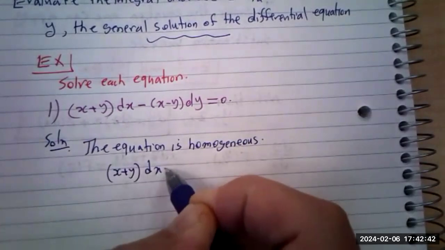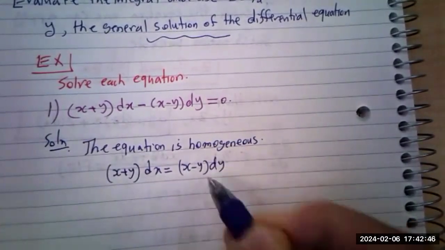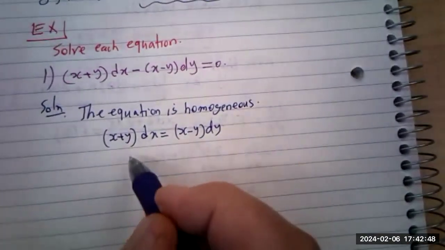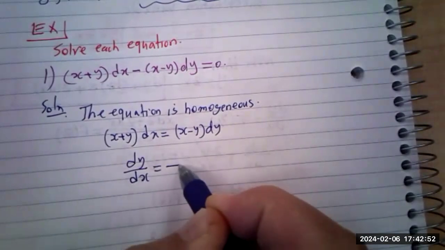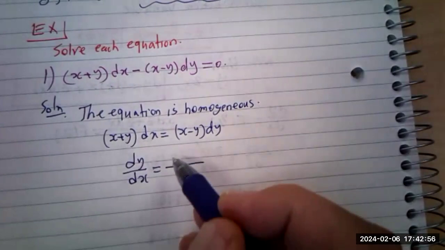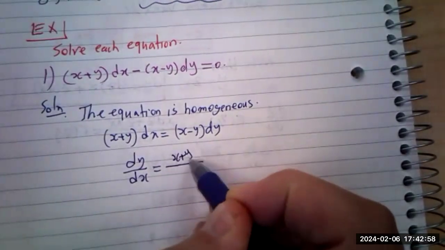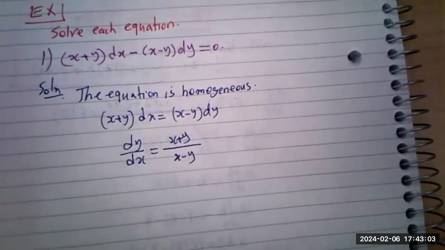It's going to be x plus y dx equal to x minus y dy. So you would like to have dy over dx equal to a cross multiplication. You see the dx is x plus y, and that is x minus y. Let's make sure you get it right.